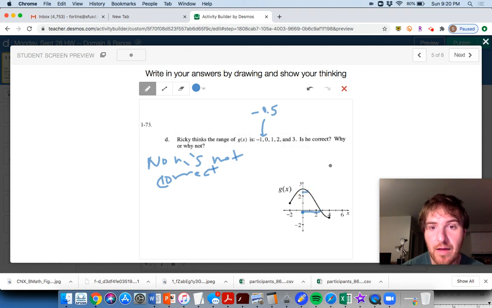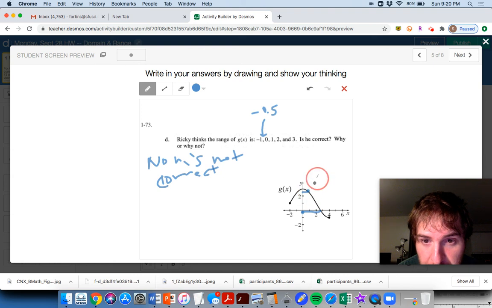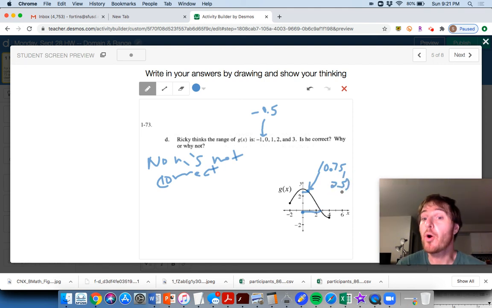This point of your graph would be about 0.75 for x and 2.5 for y. So sure, 2.5 is part of the range, right? So Ricky is not including the decimals here. No, he's not correct.